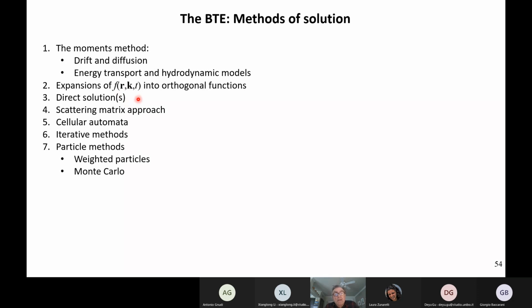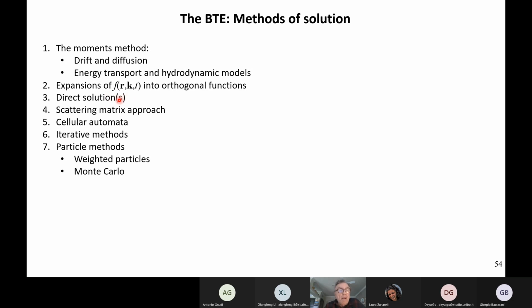So memory-wise and computational-wise, a direct method is already out of the question, which is where the Monte Carlo method comes in, a stochastic way of dealing with multidimensional systems, or where continuum models come in, the moments method. So you don't have to discretize in k-space, by making some approximations. Nevertheless, in some particular cases, direct methods have been used.